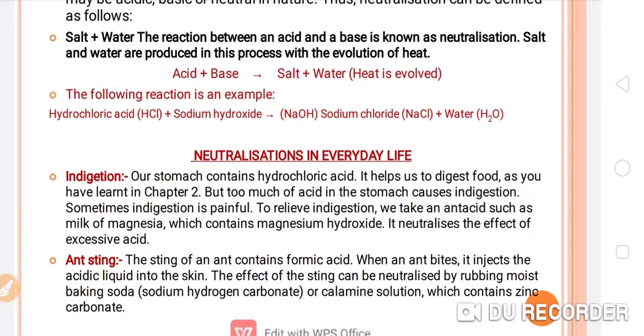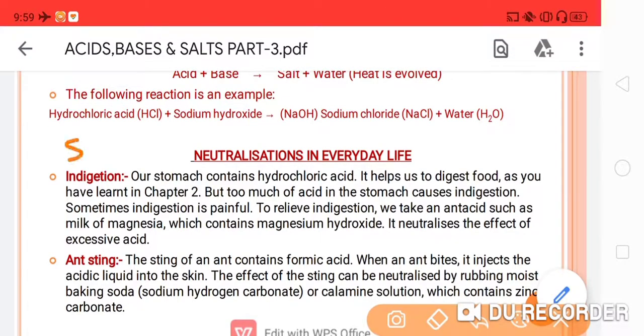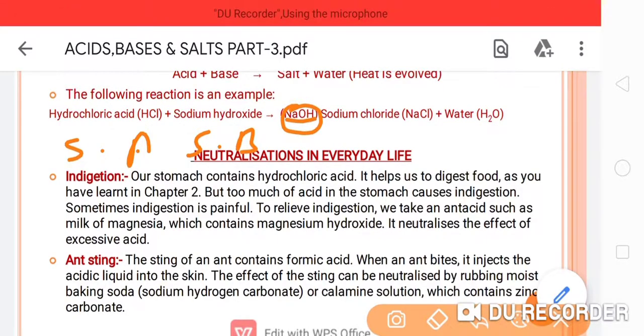Here HCl is a strong acid, and sodium hydroxide is a strong base. Sorry, this is a typing mistake, the sodium hydroxide must be here before the arrow, at the left hand side. The compound forming is sodium chloride, that is the salt.